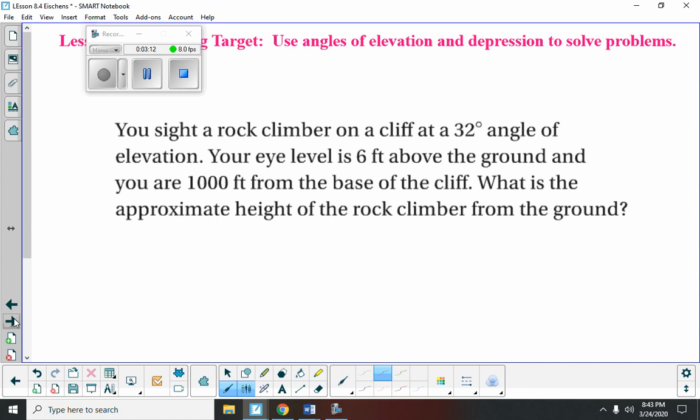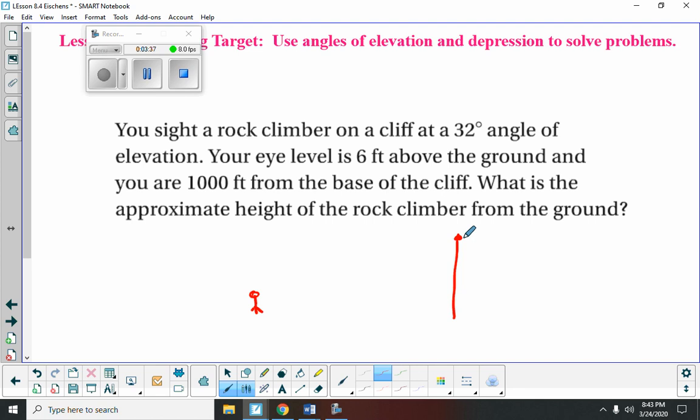You sight a rock climber on a cliff at a 32 degree angle of elevation. Your eye level is 6 feet above the ground, and you are 1,000 feet from the base of the cliff. What is the approximate height of the rock climber from the ground? So we have to draw a picture. First, here's you. And you sight a rock climber on a cliff. So here's the cliff, and here's the rock climber right here.